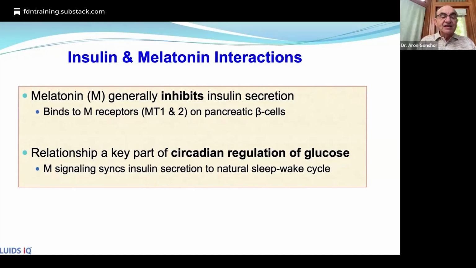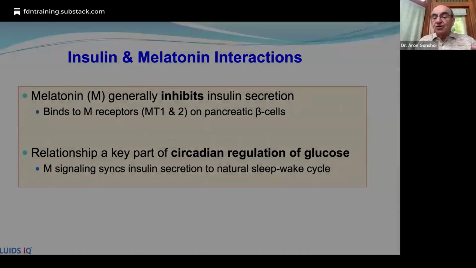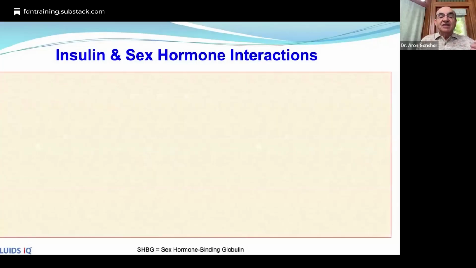Well, melatonin has a signaling system that is syncing insulin secretion to the natural sleep and wake cycles. But if you're getting insufficient sleep, if you're beginning to really create a problem in the 24-hour system, that is a problem.